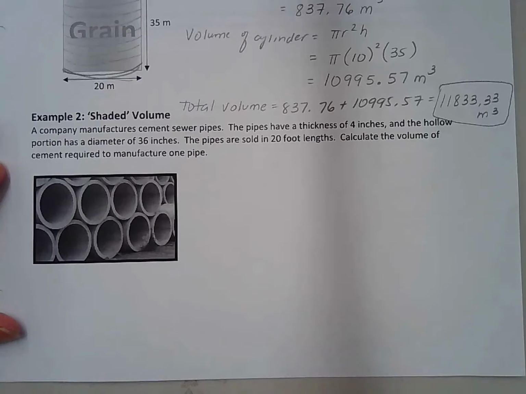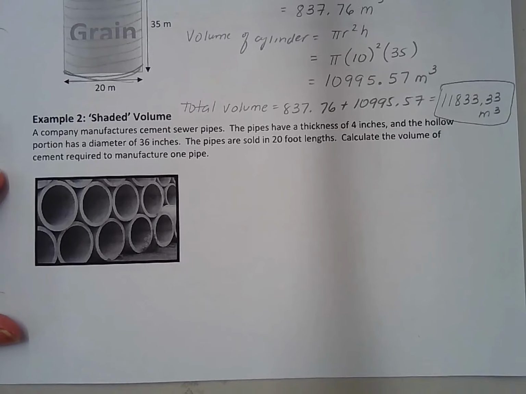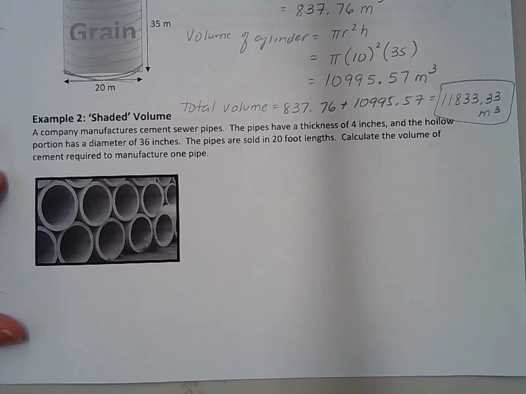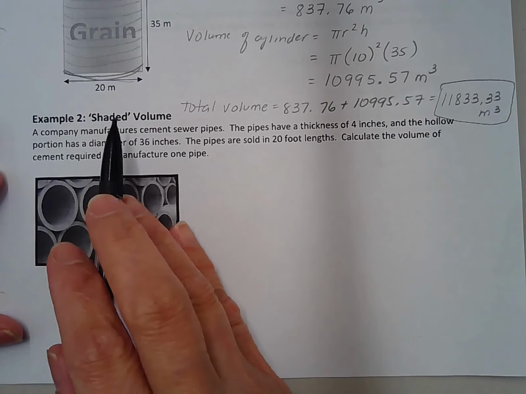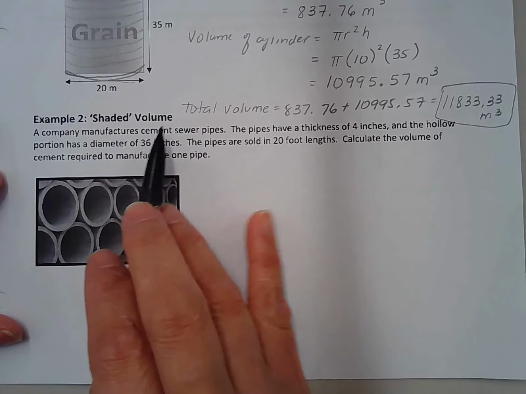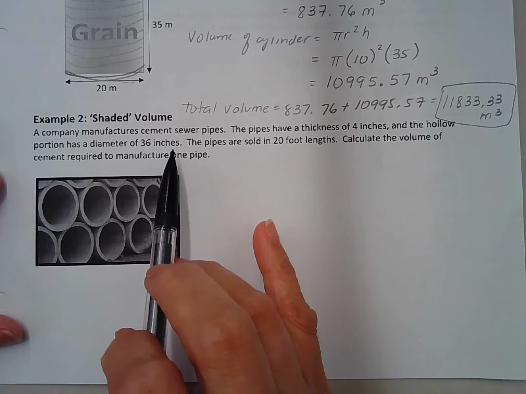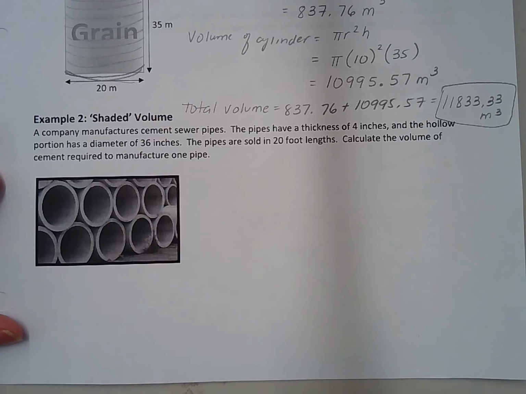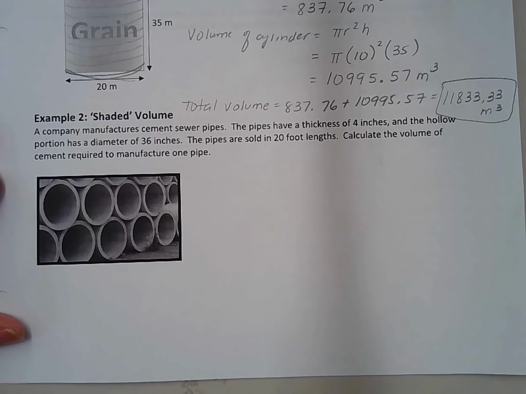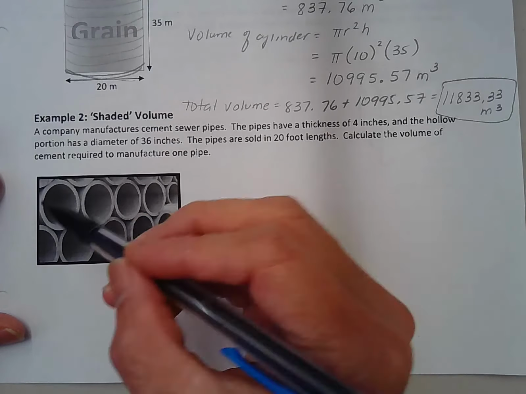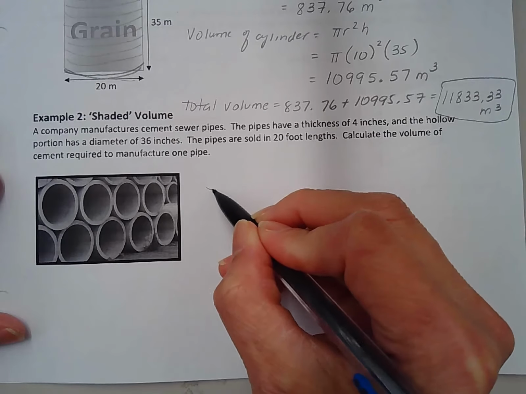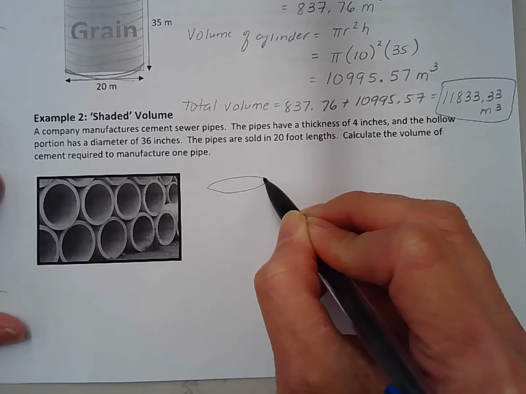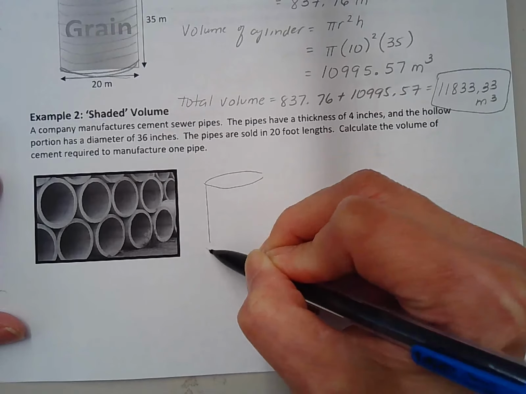Okay, let's take this one here. A company makes cement sewer pipes. Has everybody seen sewer pipes before? A pipe is basically a cylinder.